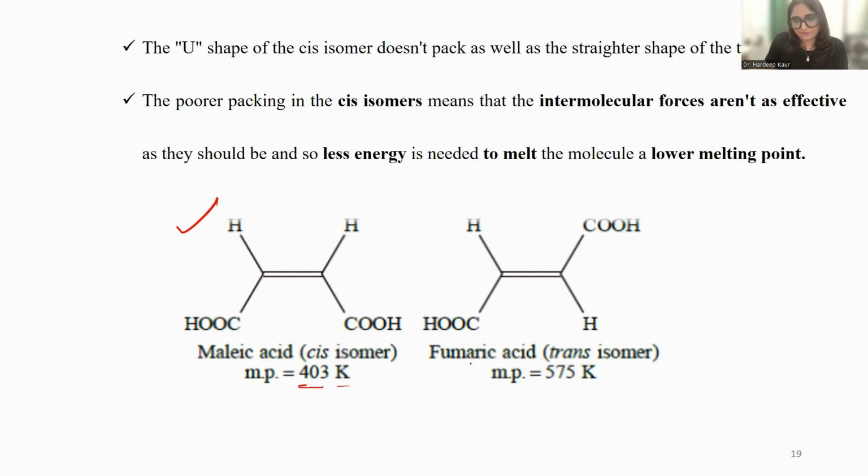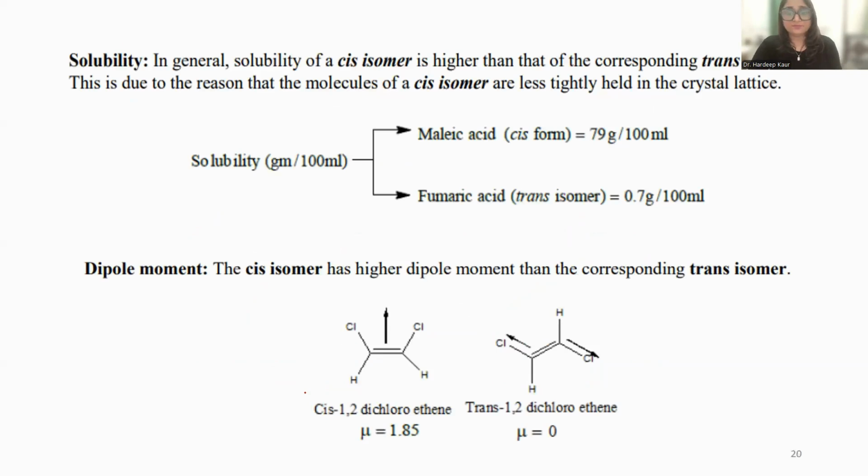But fumaric acid, where the groups are in opposite directions, is a trans isomer, and its melting point is more than the cis one. Because of the poor packing in cis isomers, intermolecular forces are not that effective, so lower energy is needed to melt them, and because of that they have a lower melting point.